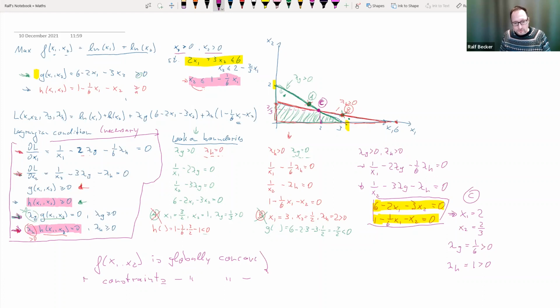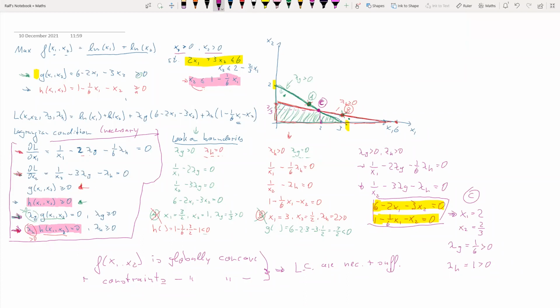If both of that is true, then the Lagrangian conditions are necessary and sufficient. So let's look at these constraints.